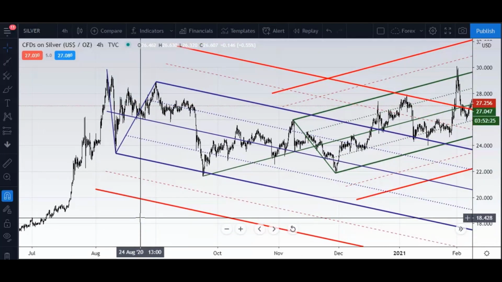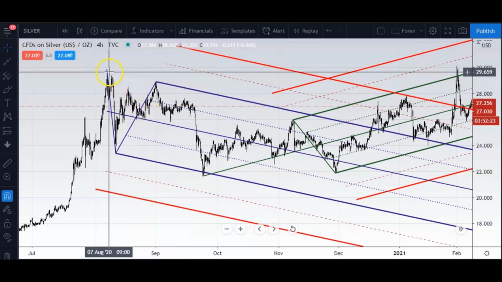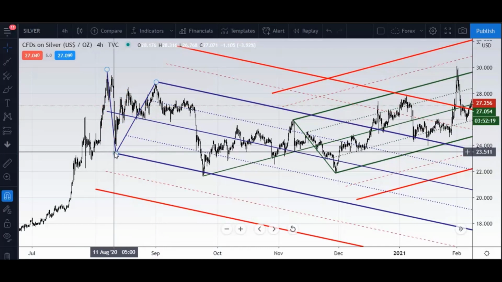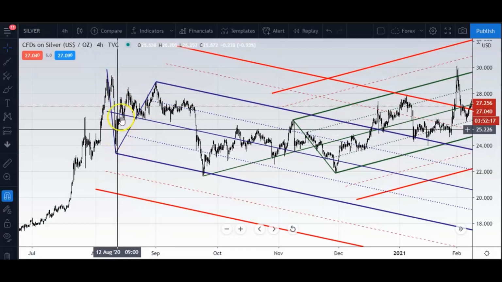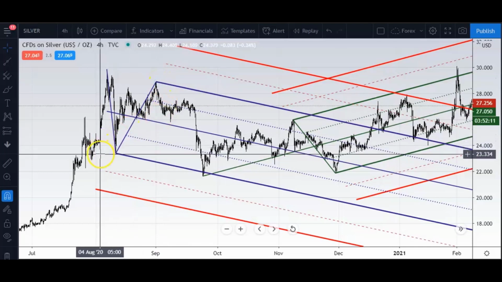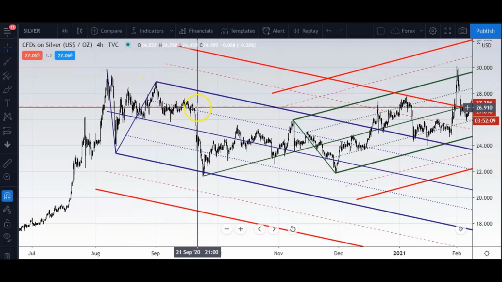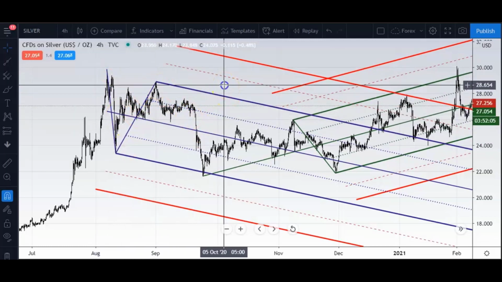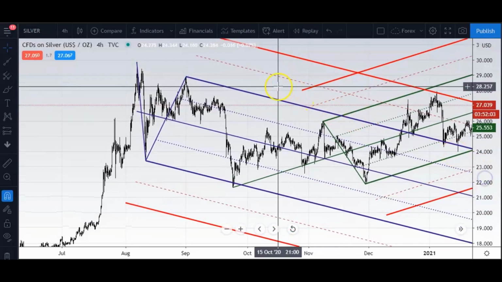And as you've also probably seen from my previous videos, once you have a sharp move to the downside, always assume that you will get some sort of bounce, in this case a bullish bounce, create a lower high, and then assume that price could break this low again. And it's at this stage, when price moves sharply downwards, that you would have drawn this blue shift pitchfork on my chart here.